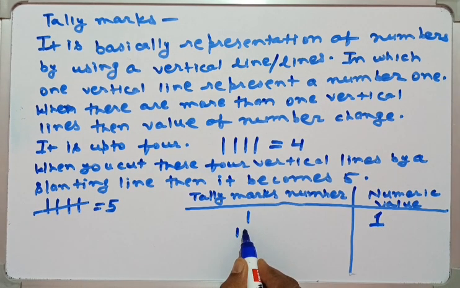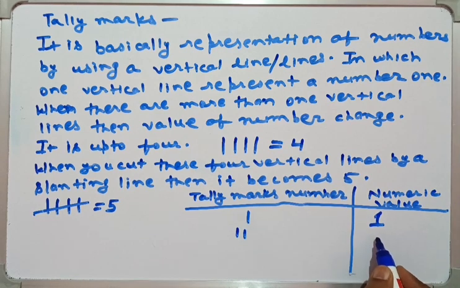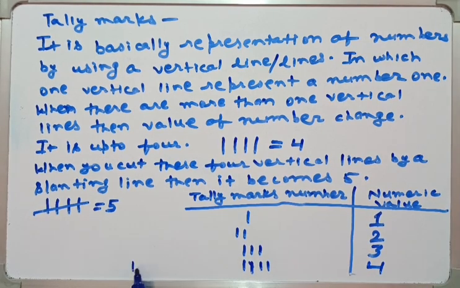When I draw 2 vertical lines, then its value is 2. When I draw 3 vertical lines, then it becomes 3. When you draw 4 vertical lines, then its value becomes 4 guys. For 5 you have seen this one equal to 5. Now guys, this is up to 5.